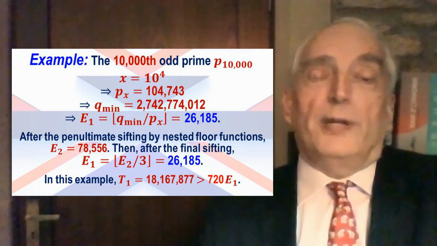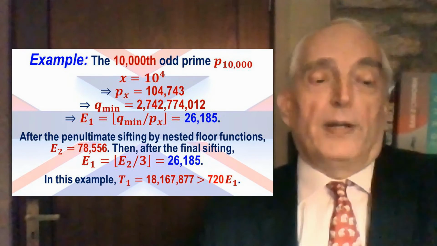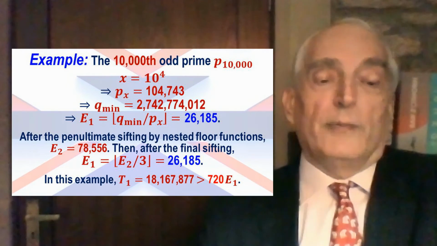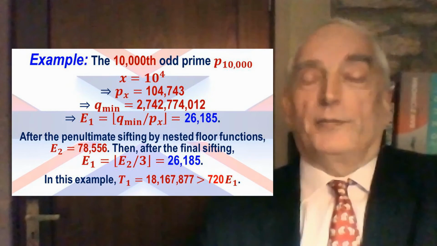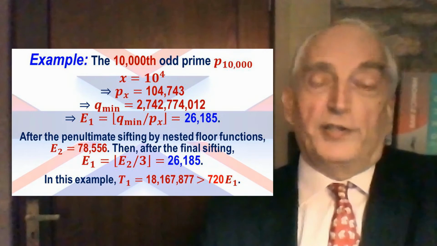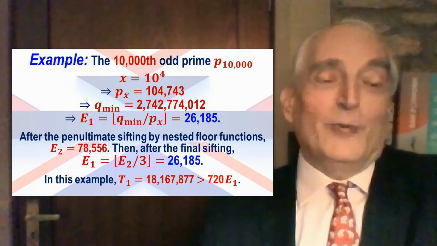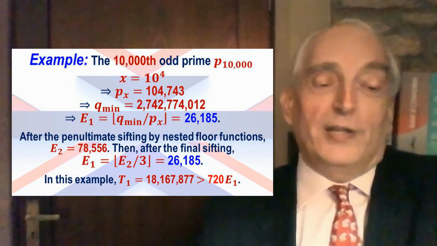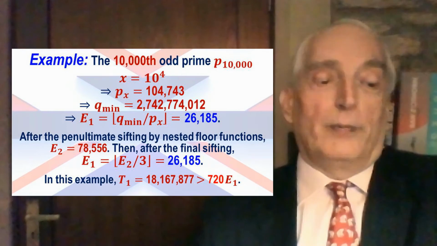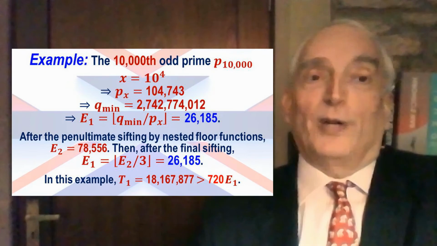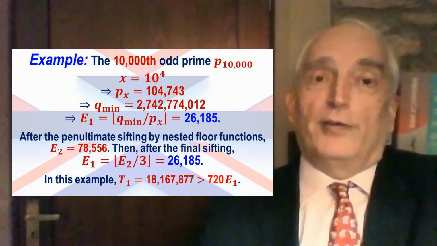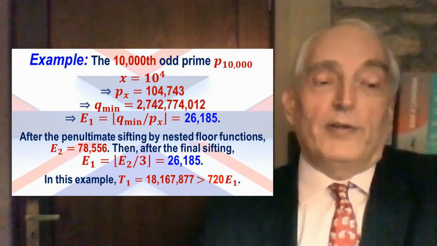But if we'd done that in stages, after the penultimate sifting by nested floor functions, then E2 is equal to 78,556. After the final sifting, this is the 10,000th sifting, E1 is simply equal to E2, the previous estimate, divided by 3, and bingo, it's 26,185. So that was my way of just checking that this really does work, and we have indeed proved it.